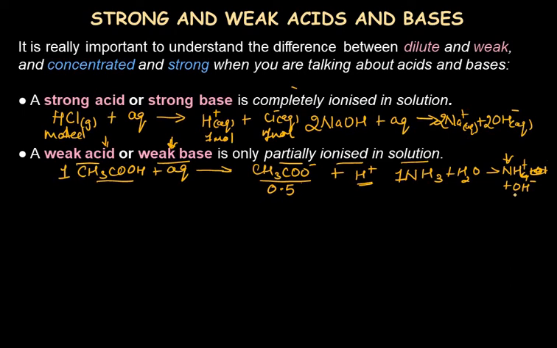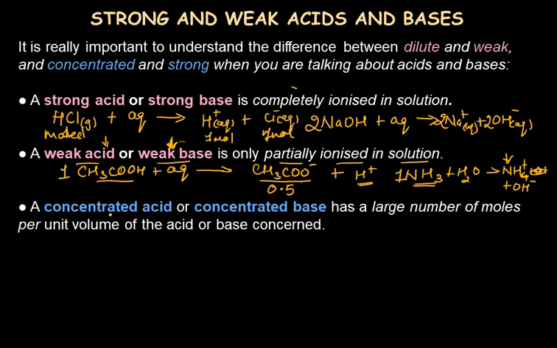That will be lesser than that, because ammonia doesn't ionize fully. It will ionize only partially. So only few molecules will ionize, and that's called a weak base. So that's the difference between a strong acid and a weak acid, a strong base and a weak base.